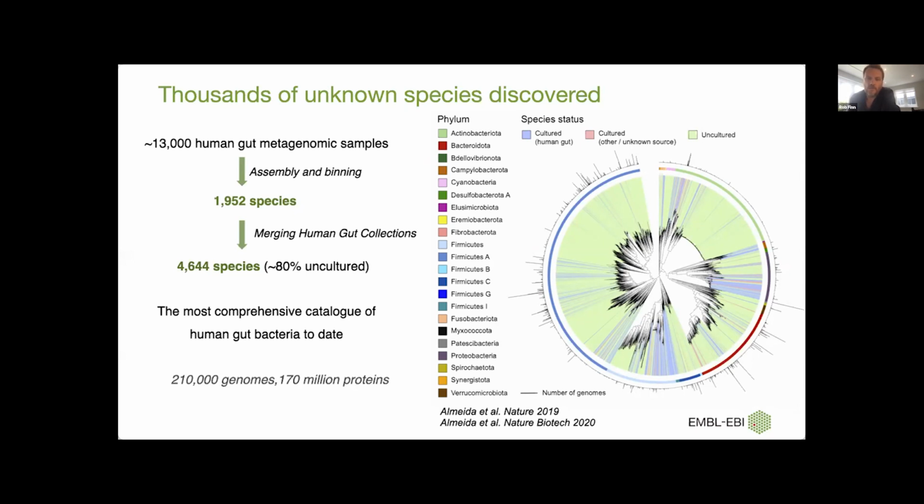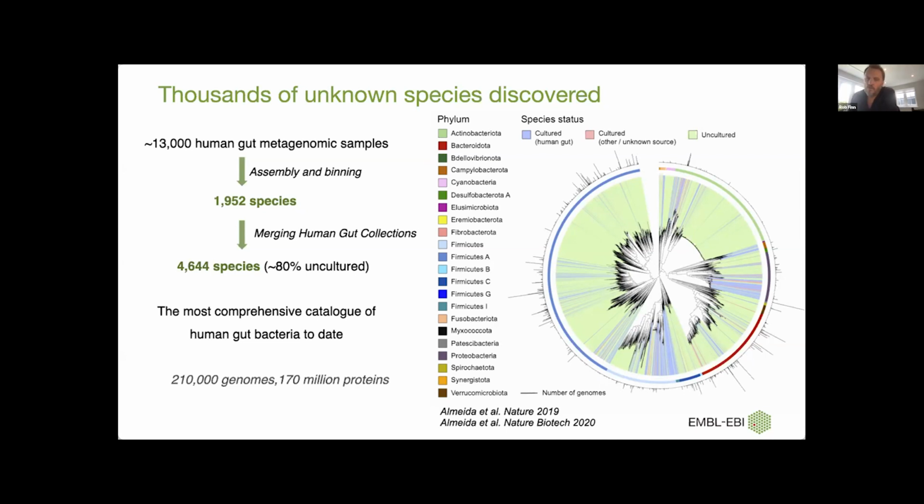There were two other papers, one from Nicola Segata's group in Italy, and the other from Nikos Kyrpides in the US. We took all of those data sets and merged them together to come up with the unified human gut genome catalogue. That now contains 4,644 representative species, of which 80% are yet to be cultured.